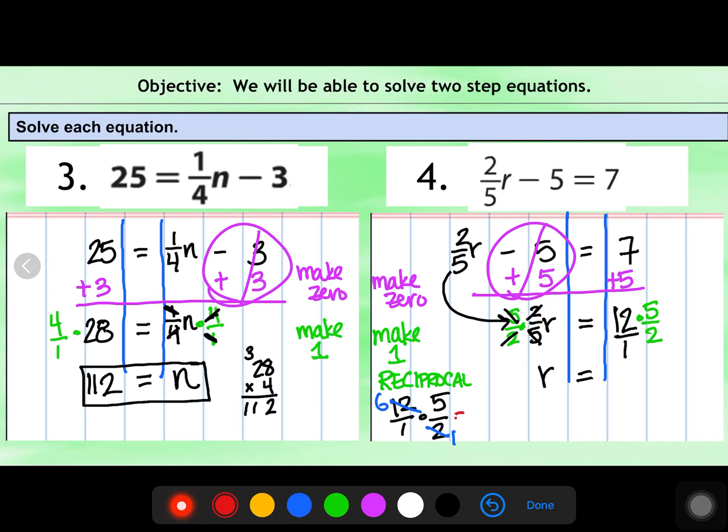And this then becomes 6 times 5. Oops, 6 times 5 is 30. And 1 times 1 is 1. So, I mean, I guess you could put it over 1. But simplified is just 30. So the answer there is 30.